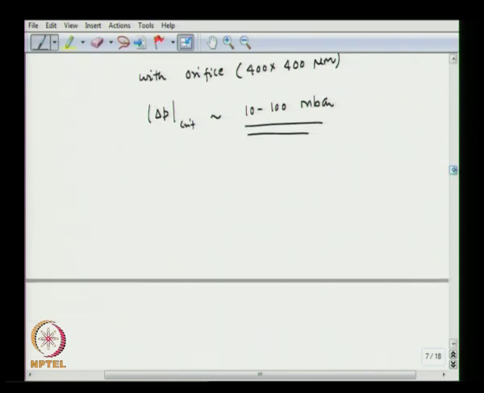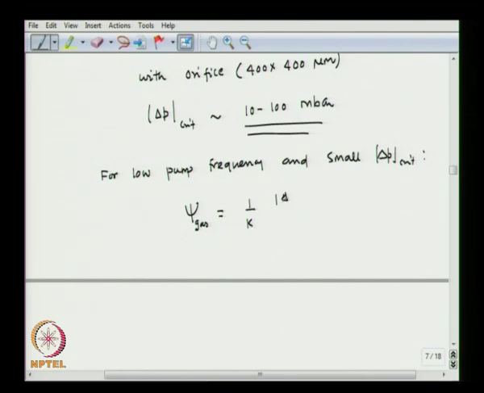So, for low pump frequency and small critical pressure, we can simplify the compression ratio of gas as 1 over K into delta P critical divided by P0.